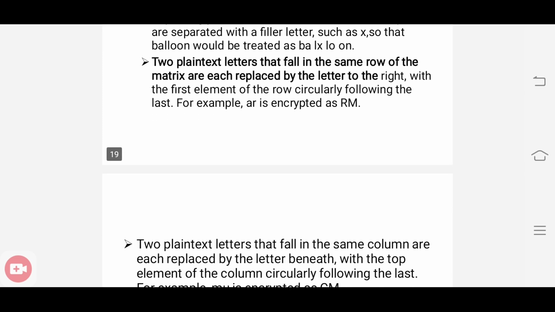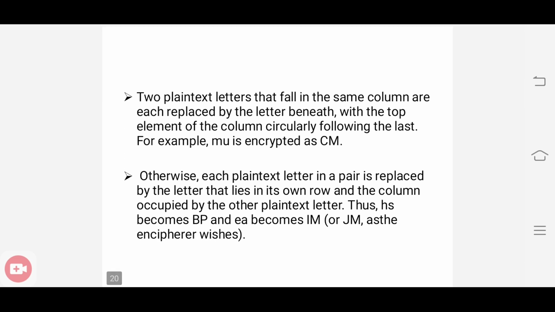And the third rule: if two plain text letters fall in the same column, they are replaced by the letter beneath, with the top element of the column circularly following the last. For example, MU is encrypted as CM.